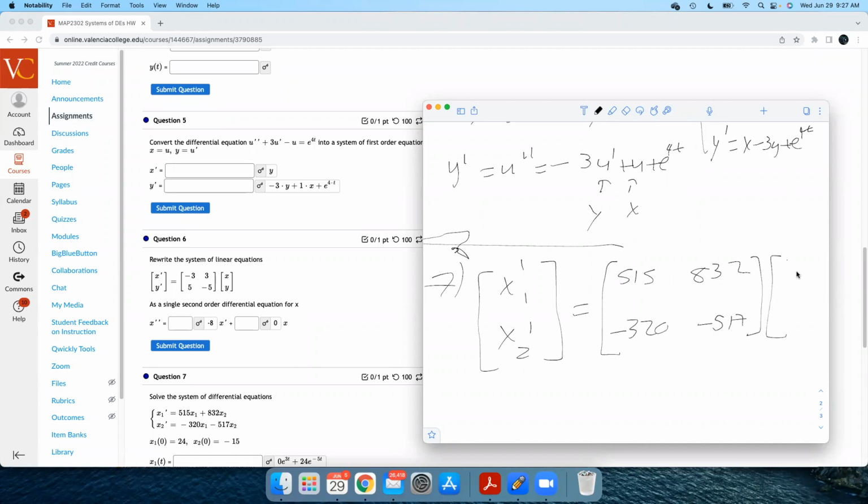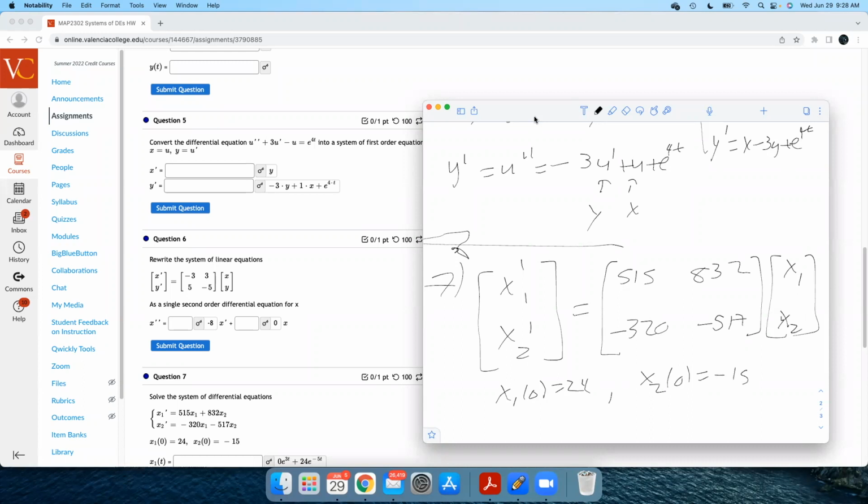And that'll be multiplied times the vector x1, x2. And then let me go ahead and write down my initial conditions. x1 of 0 equals 24. x2 of 0 equals negative 15.